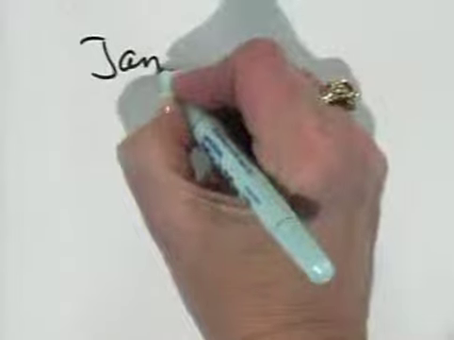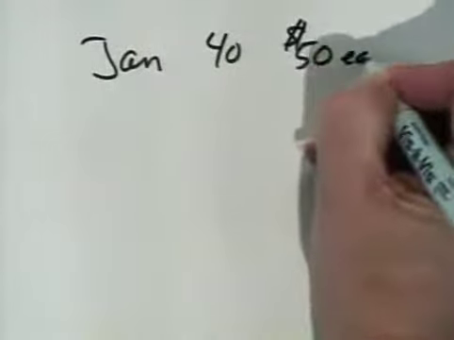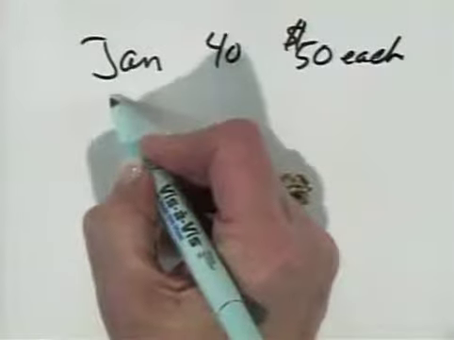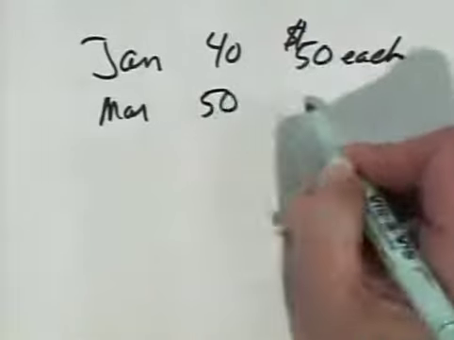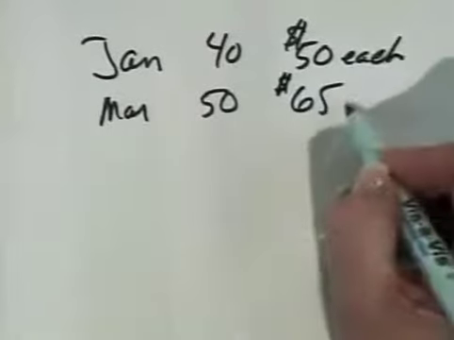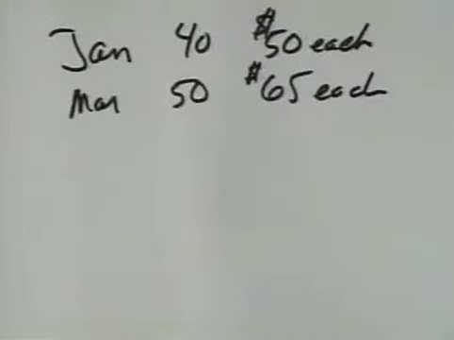Our example says in January we purchased 40 chairs and they cost $50 each. In March we purchased 50 chairs and the price of chairs had gone up. They cost $65 each, yes? January's was $60.